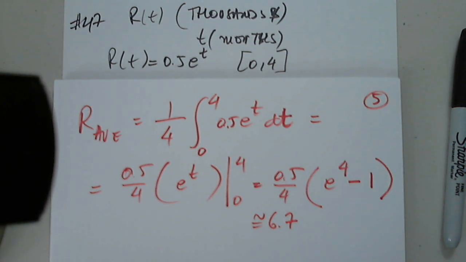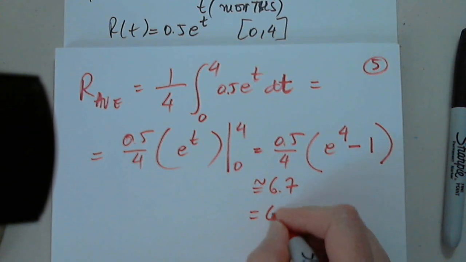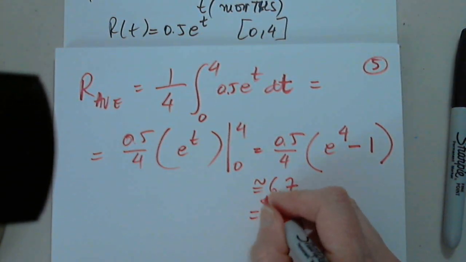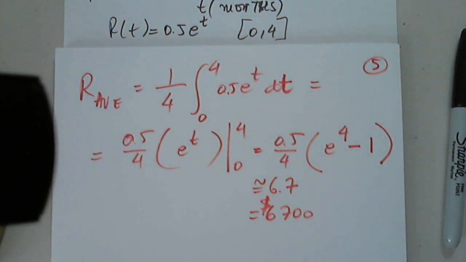So let's go back. Find the average monthly revenue attributable to the site. So it's in thousands, thousands of dollars. Okay, so then I can write $6,700. Good, awesome.